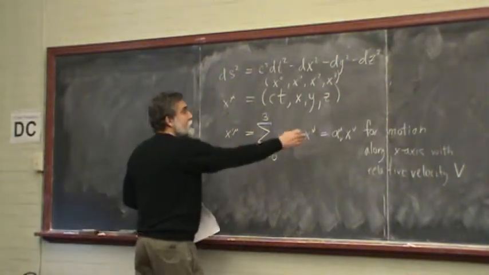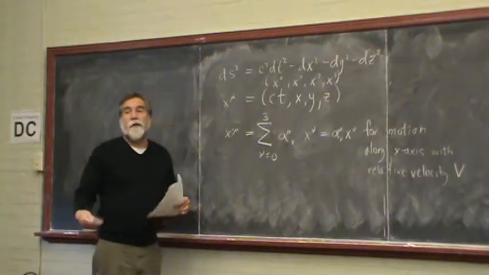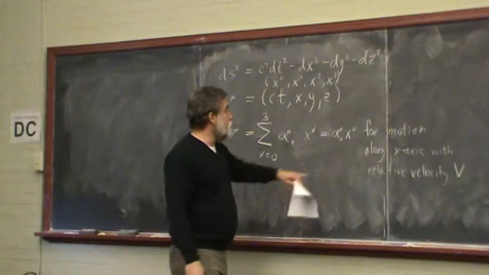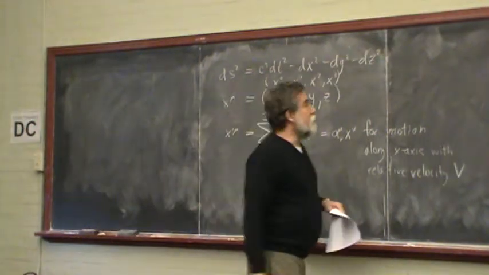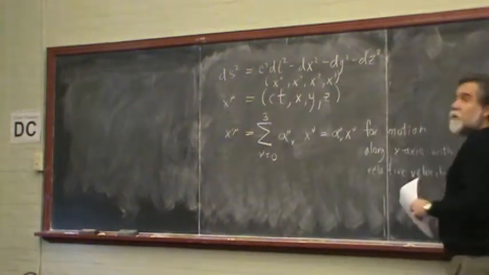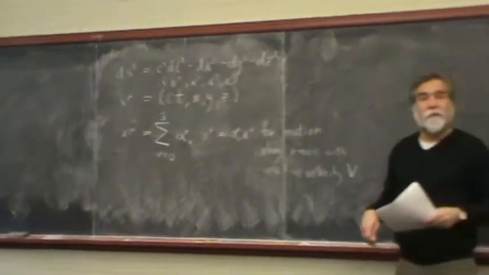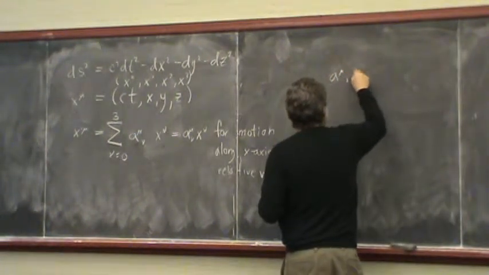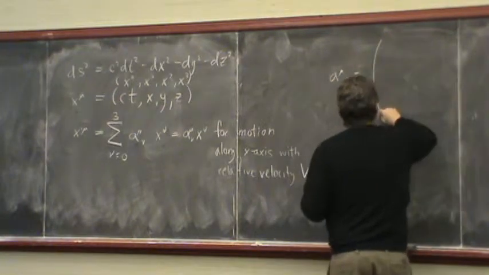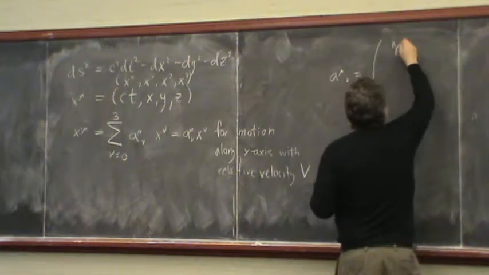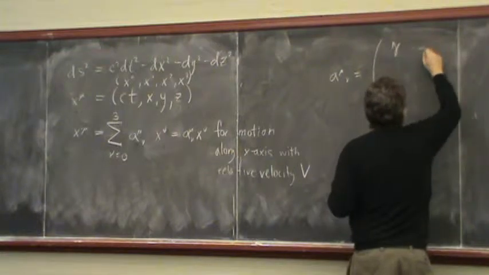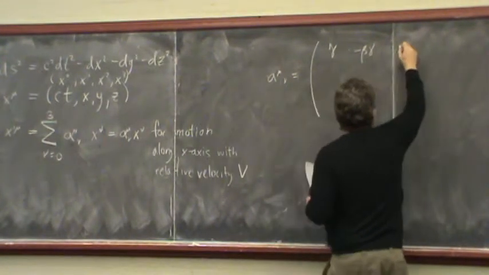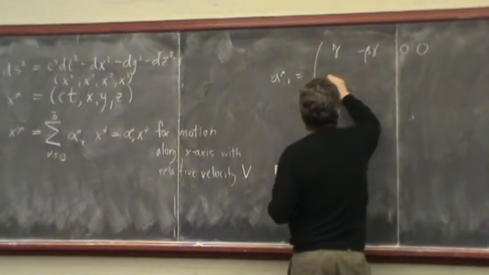So I need to find out what this is. And we already know the Lorentz transformations, so I actually know what that is. The tensor that makes the conversion is called the Lorentz transformation tensor. And that A, mu, mu, looks like this. Gamma. I'm saving myself some writing here, and I'll define these in a minute. 0, 0.